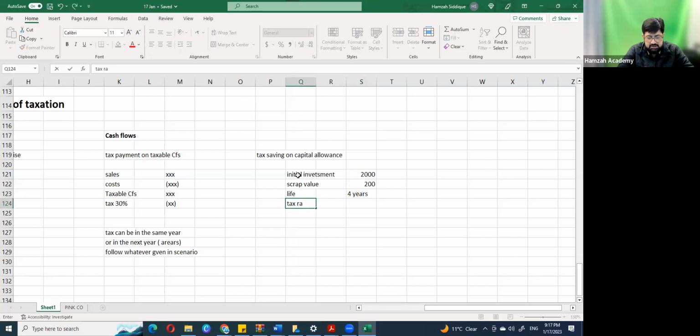Tax rate 30% in same year. And capital allowance can be claimed at 25%, reducing balance basis.